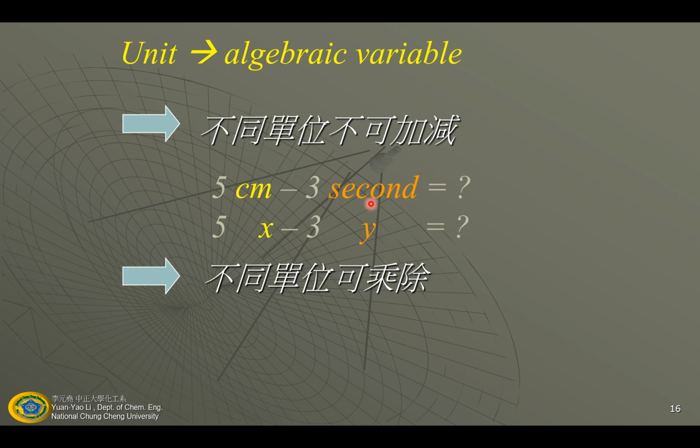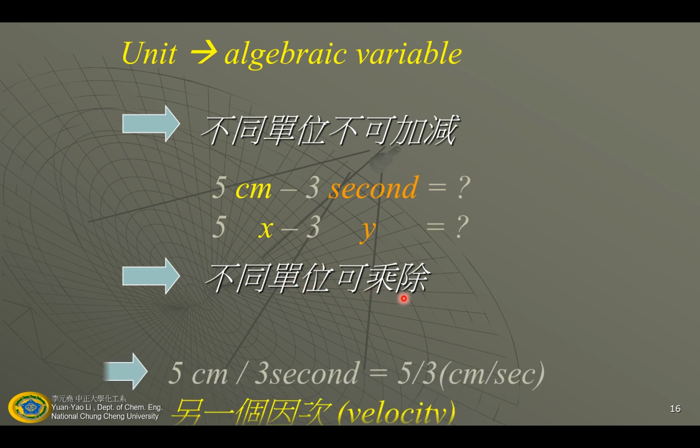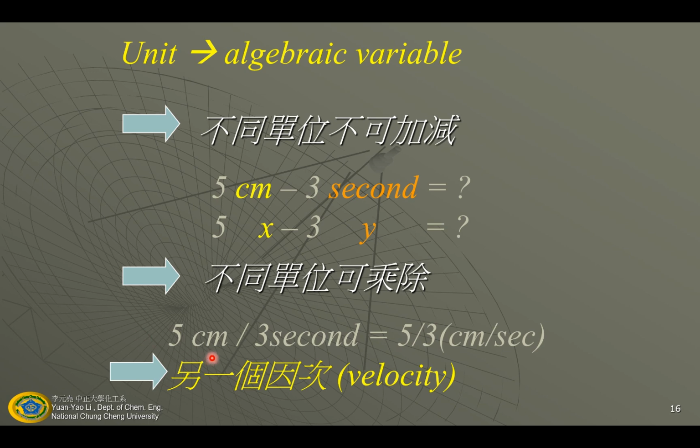So different units cannot be added or subtracted, but different units can be multiplied or divided, right? 5 centimeters divided by 3 seconds becomes a different dimension, which is velocity dimension.